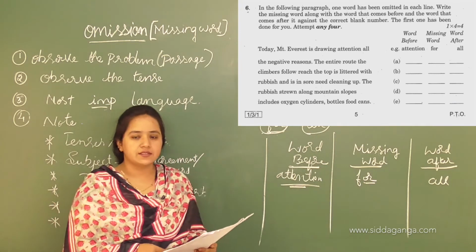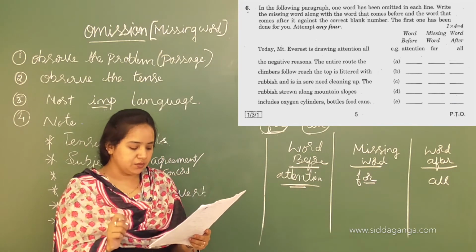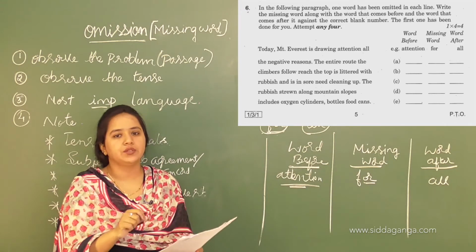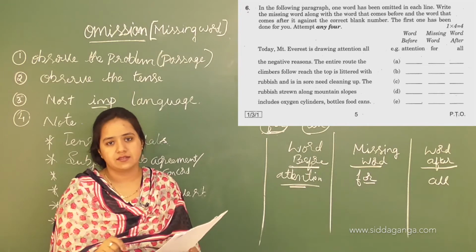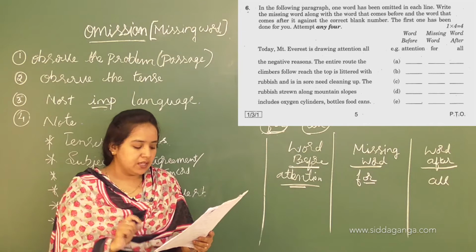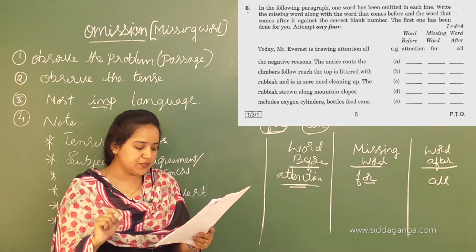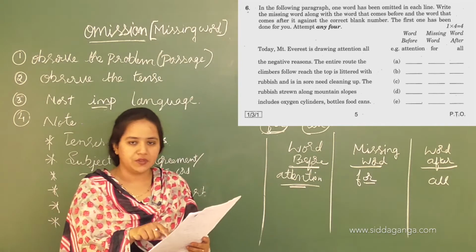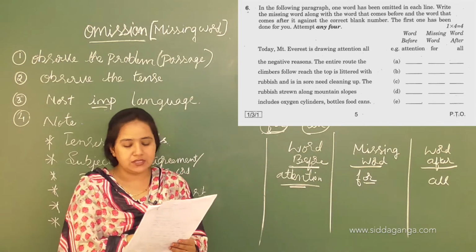The negative reasons, the entire route, okay, that line is continuing, but here we need to find the errors in these lines. Like the negative reasons, the entire route climbers follow to reach the top is littered with. Okay, we are not moving to the third line yet. Let's talk about the second line.